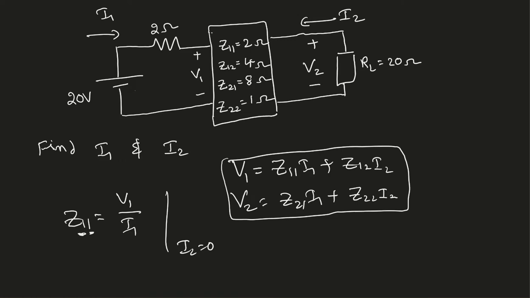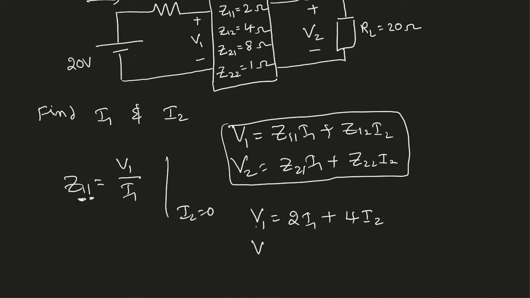We don't know what is inside this box. This box might have some electronic or electrical components. By using the given parameters, I can say most of them are resistors in this case. So we can take them as resistors and then solve for the input current, which is I1, and the output current I2.